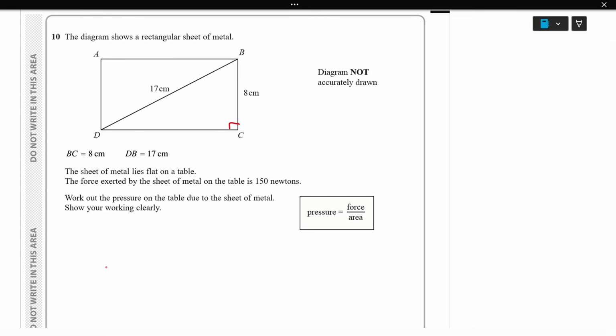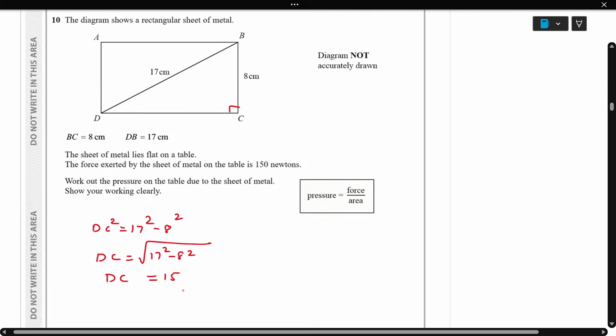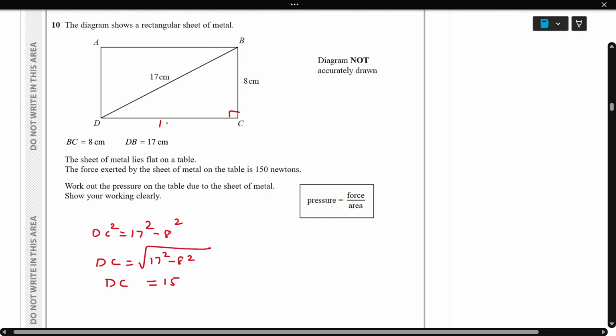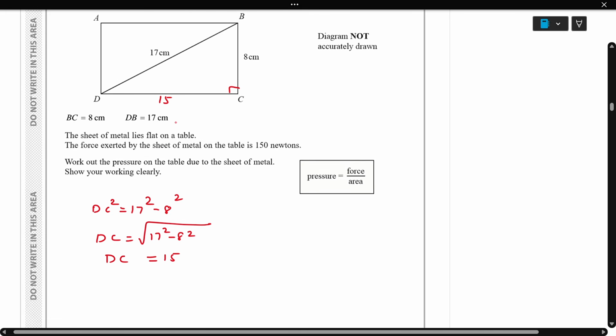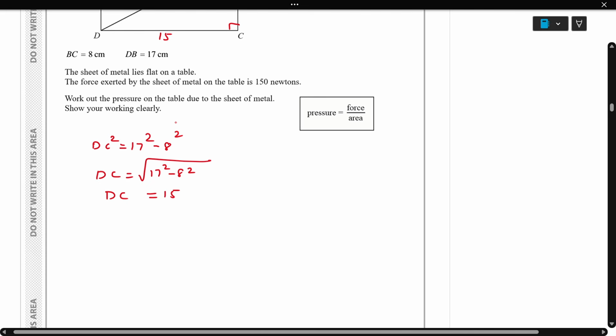So for the triangle I'm using Pythagoras, which is DC square equal to 17 square minus 8 square. So DC equal to square root of 17 square minus 8 square, which is DC equal to 15. So we got this length is 15, so we can find the area, 15 times 8 because it's a rectangle.